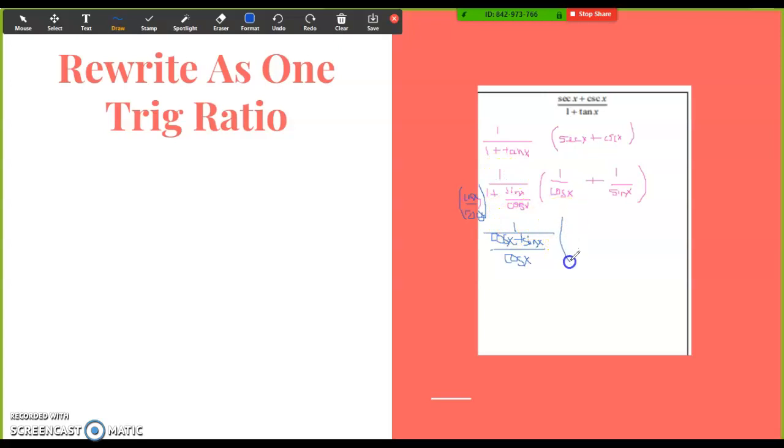Okay, let's look over here and see what we need to do to make this one fraction. Over here, it looks like our common denominator, we got a cosine and a sine, so our common denominator would be cosine of x, sine of x.